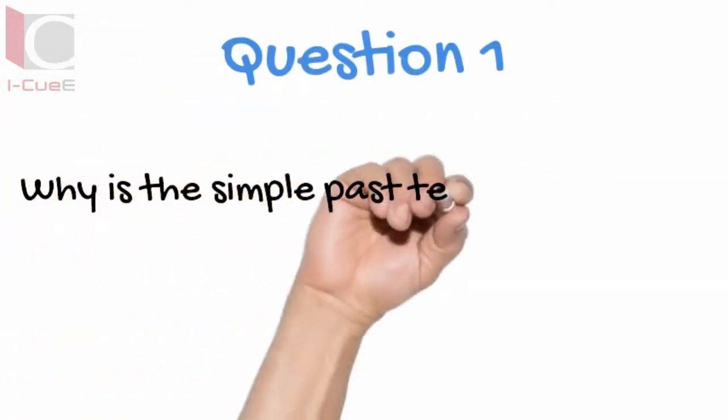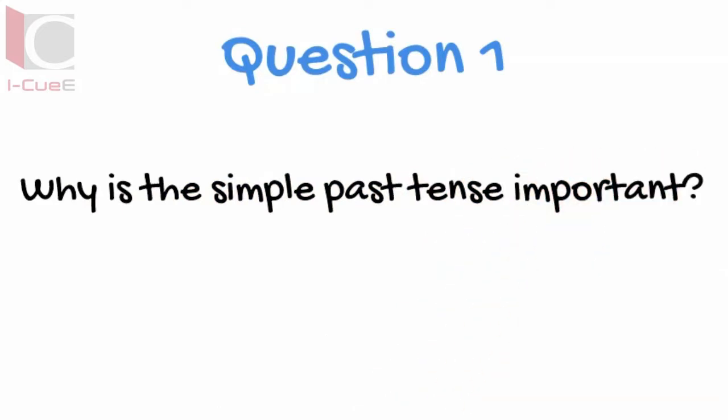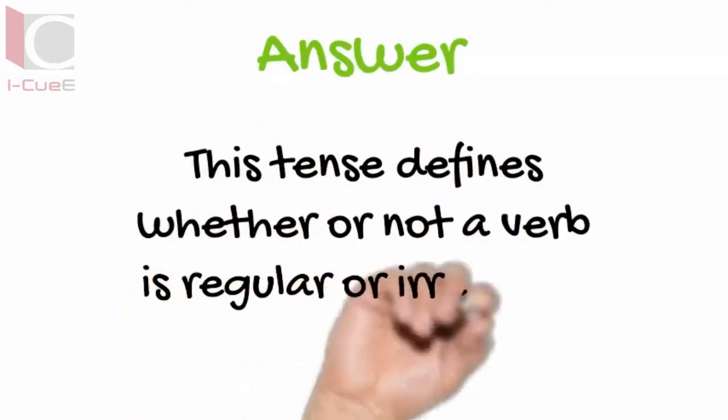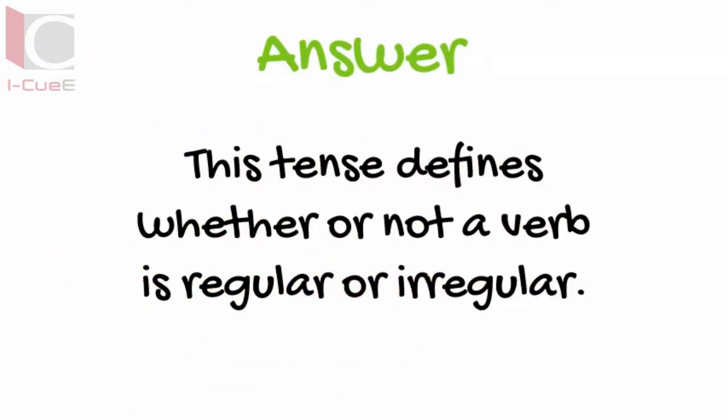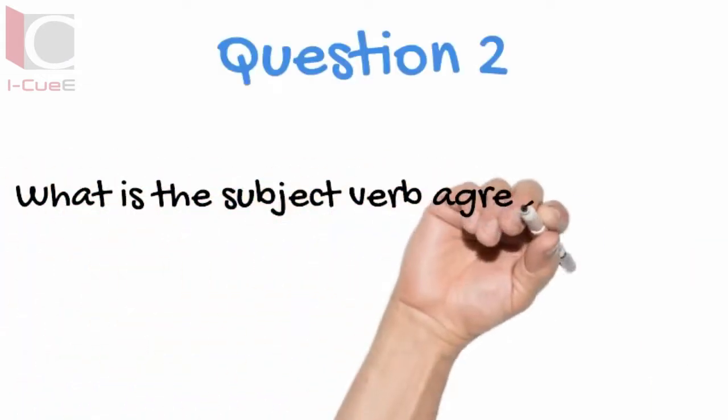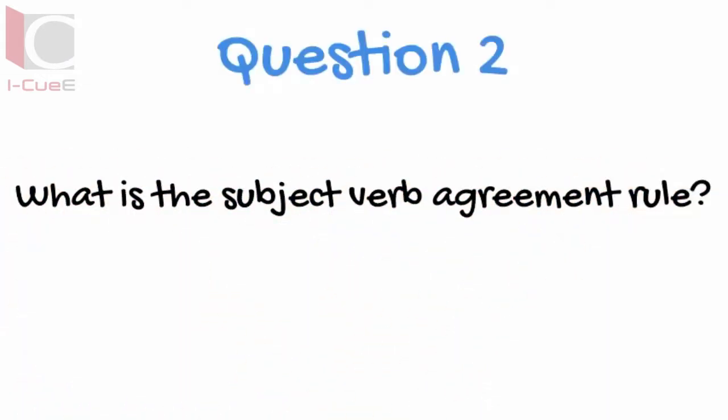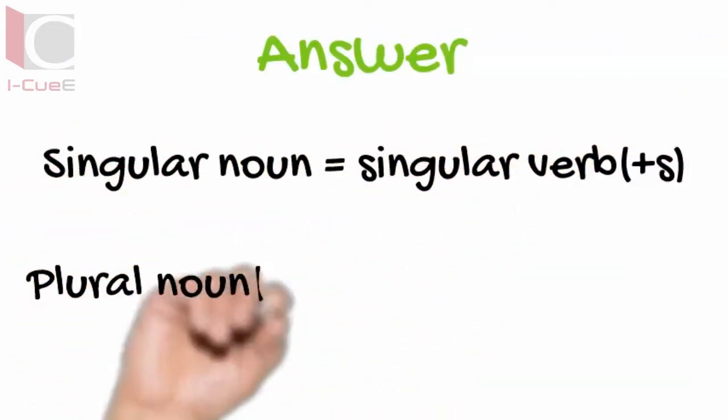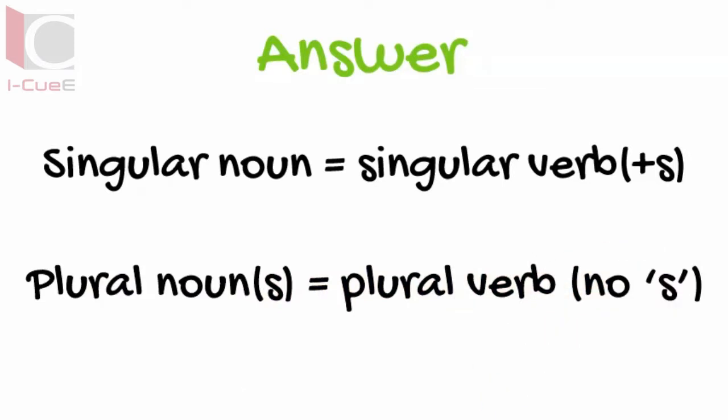Why is the simple past tense important? This tense defines whether or not a verb is regular or irregular. What is the subject-verb agreement rule? Singular noun equals singular verb plus s.